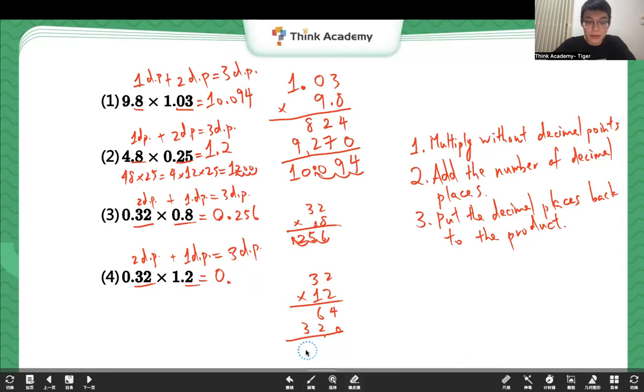Thanks for reminding me. Yep, that's 4, 8, and 3. Sorry about that. And of course, we just trace it back and put the decimal point there. 0.384. Thank you, everyone. Okay, so that's everything about multiplications, all right?